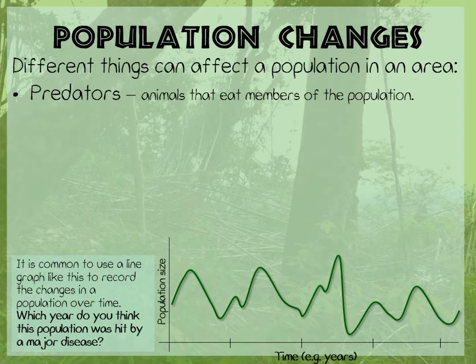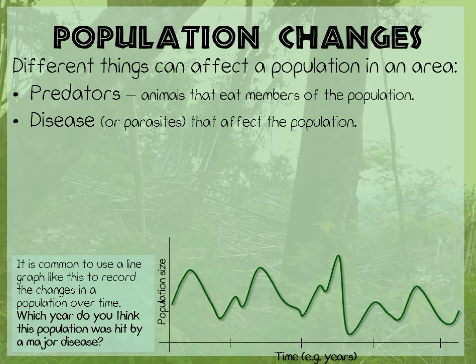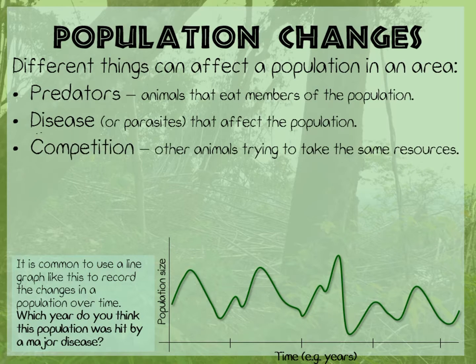Other things that can affect a population are predators, that are other animals that eat members of the population, disease or parasites we've mentioned, competition with other animals trying to take the same resources. So we're not talking about predators now, we're not talking about animals that will eat members of the population, but we're talking about animals that will take their stuff.